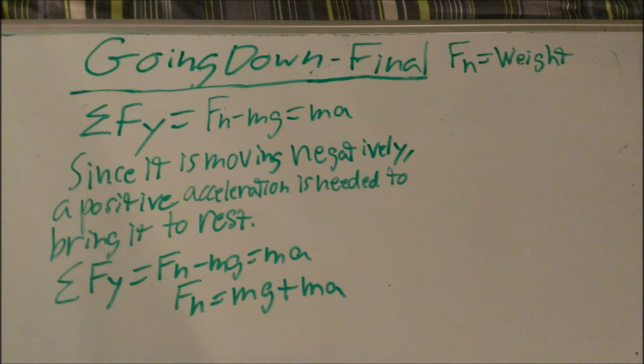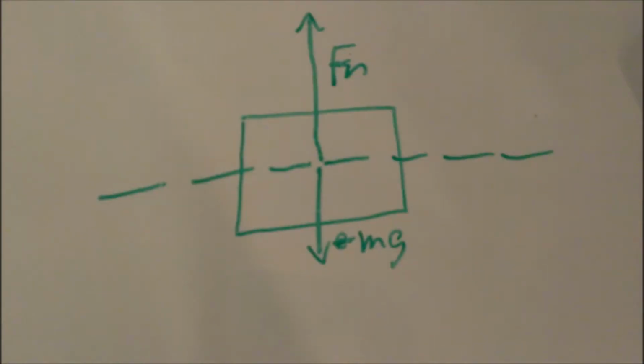And therefore the normal force is equal to the force of gravity plus ma, because it is positive. So therefore you're adding to mg, which is the normal weight. So normal force appears to be larger than it should. So the scale reading increases and shows a greater weight.